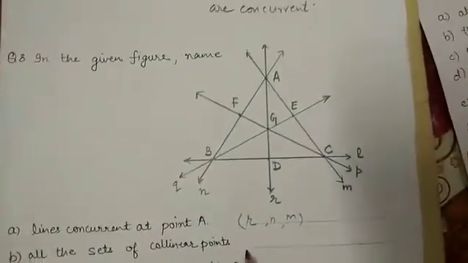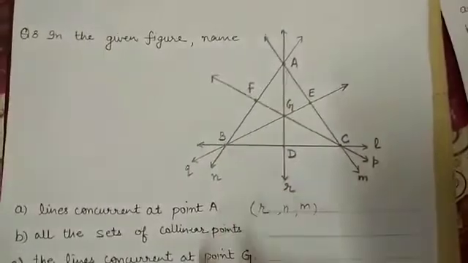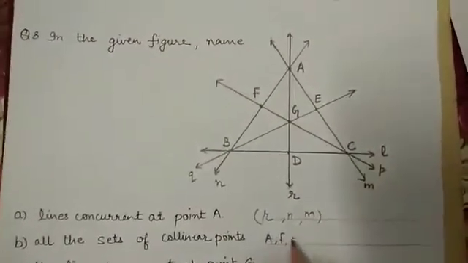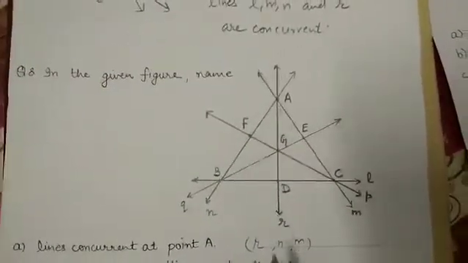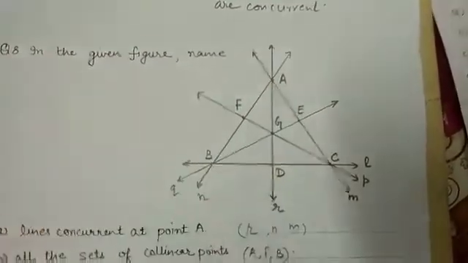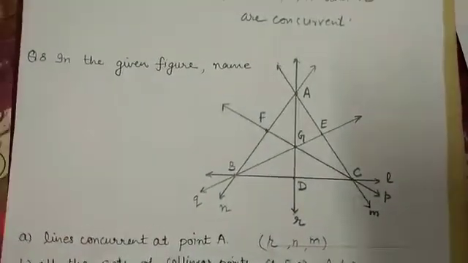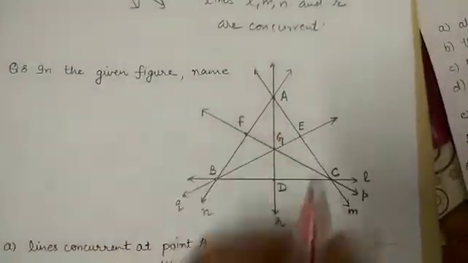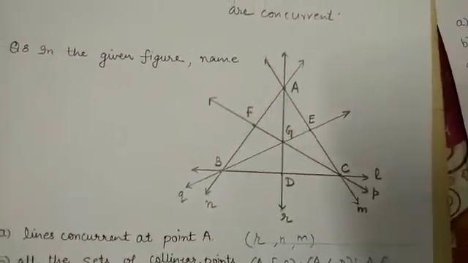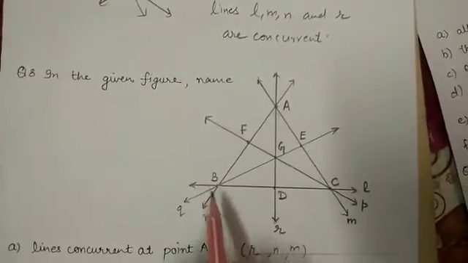All sets of collinear points. Observe this line A, F, B, set number 1. A, G, D. Next A, E, C. Any other option? Yes.